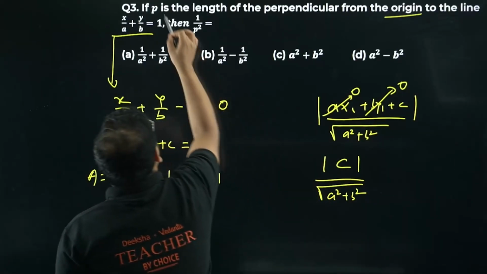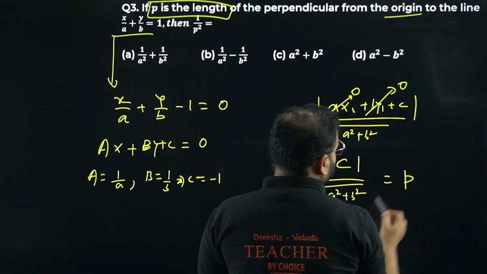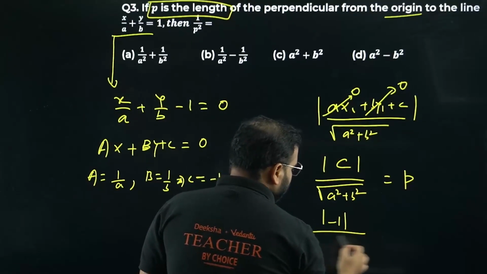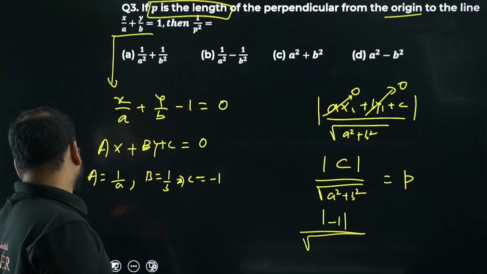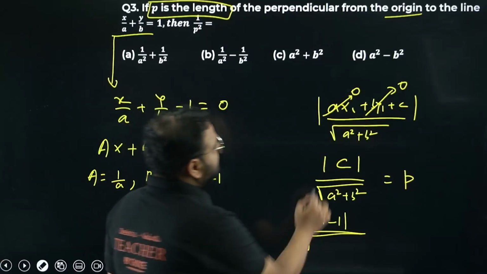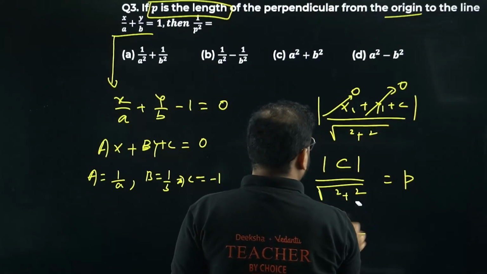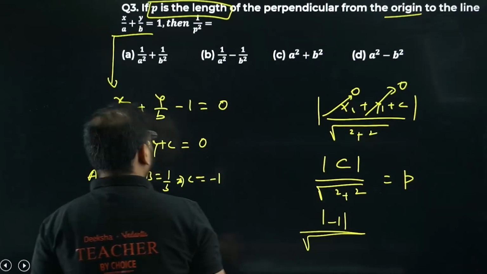They have given the length actually. The p is the length they have given here. So write this equals to perpendicular. c will become minus 1, so modulus of minus 1 divided by root of 1 upon a square. If you want, I can change this. I'm going to write this in the form of capital A, just to make some difference.